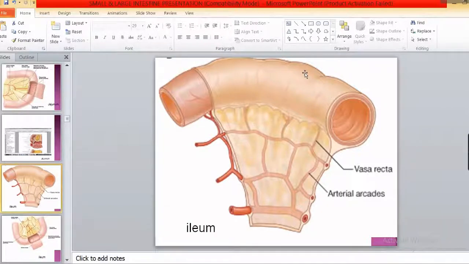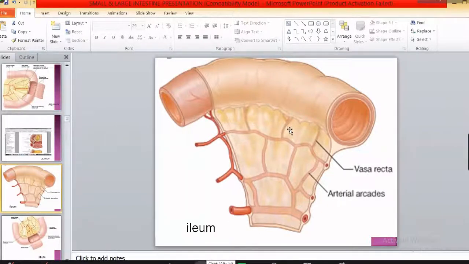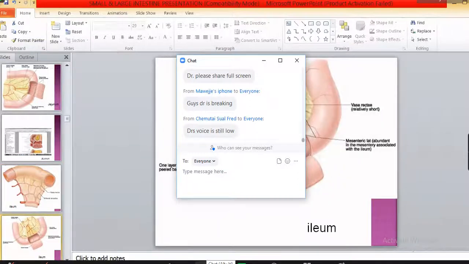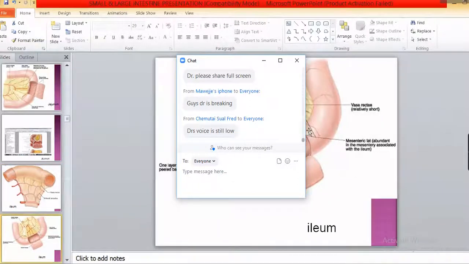Now this is significant because the time will come when we may need to resect portions of the lumen of the small intestine.